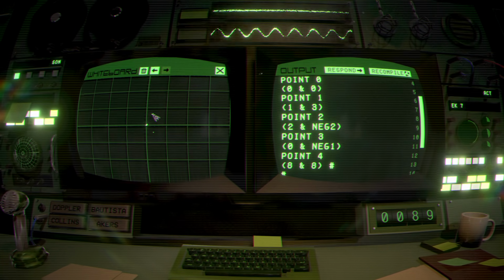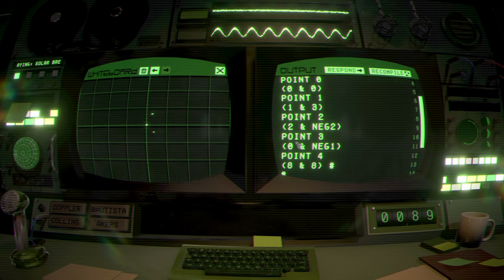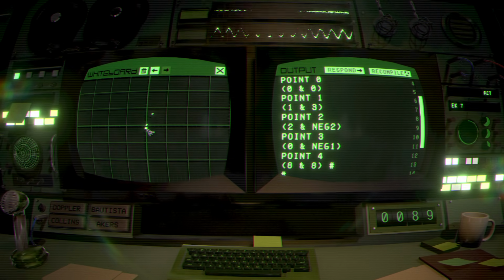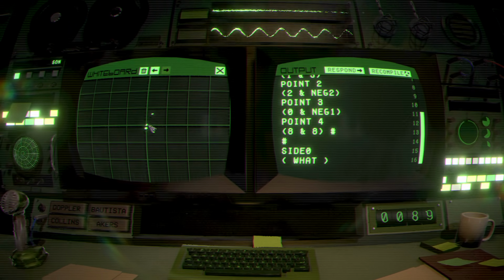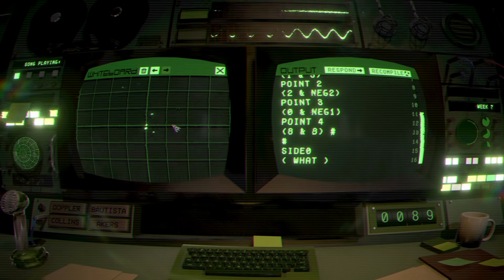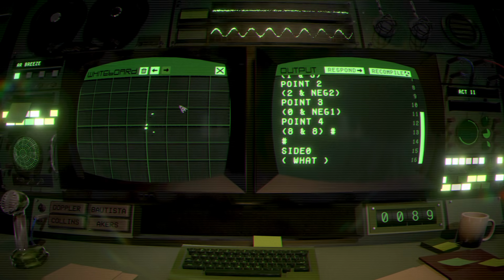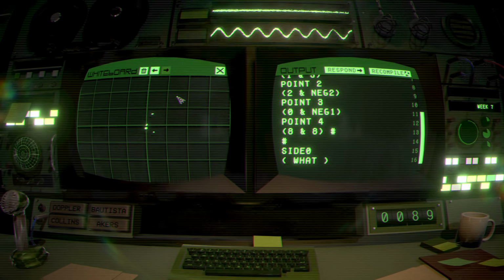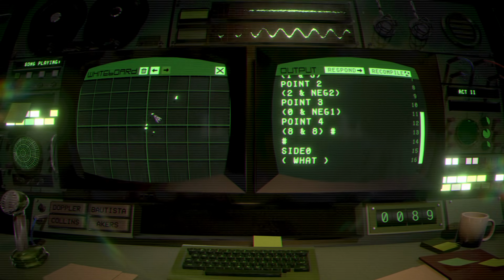This is a pretty tiny graph here. 0, negative 1. 0.4 is 8. 2, 3. And 8. 5, 6. Like, what are we looking at here?